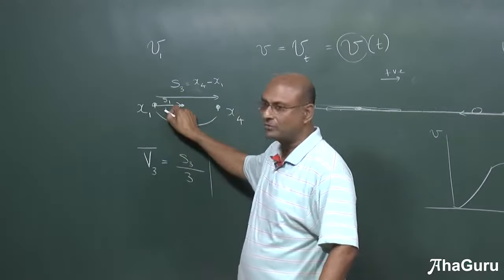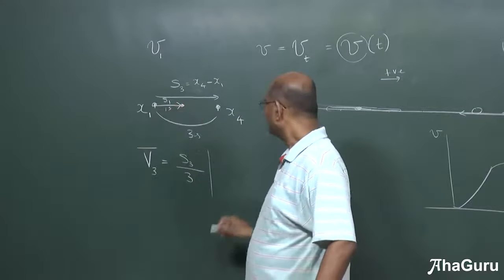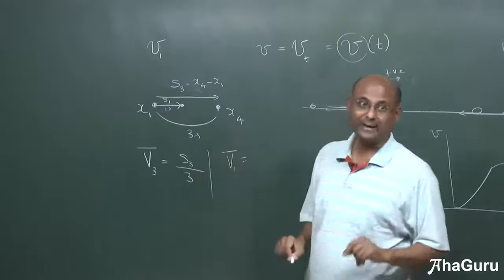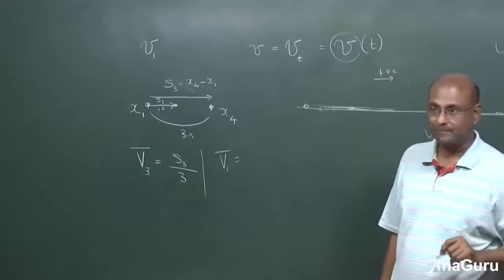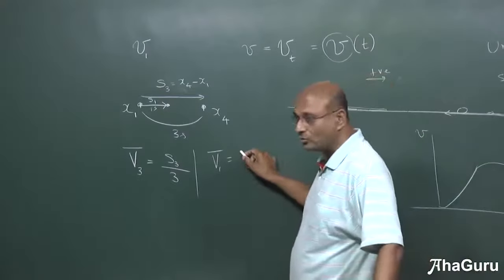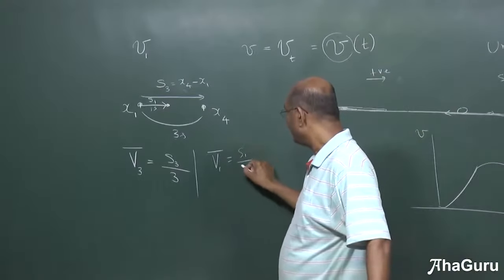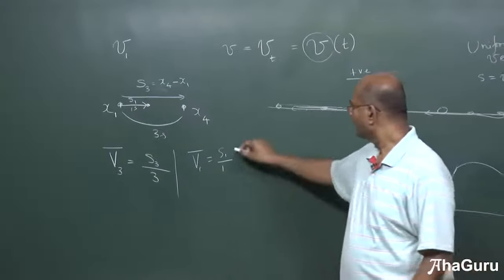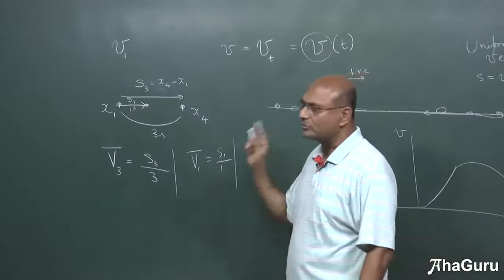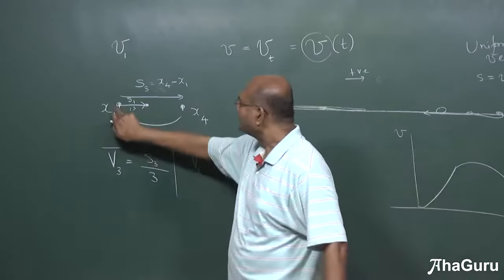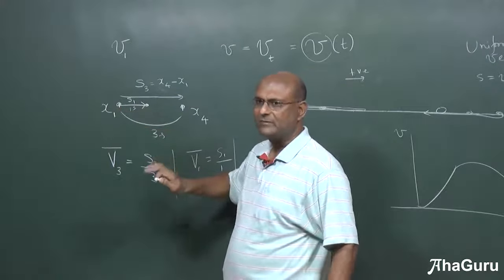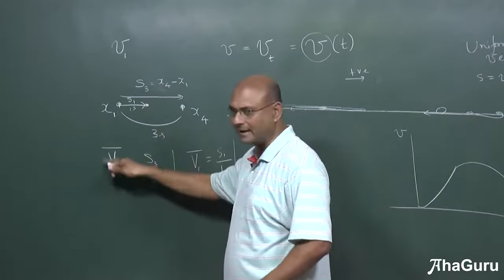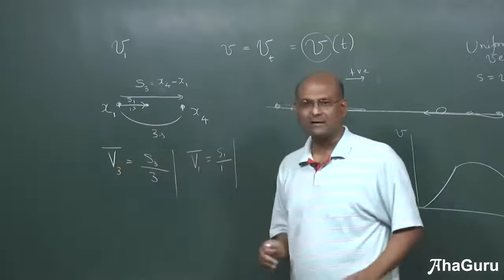How much time did it take to go from here to there? 1 second. So I can write average velocity for 1 second is equal to S1 by 1. Agreed? If you wanted to say the velocity at this time, we can approximately say is either v3 bar or v1 bar.